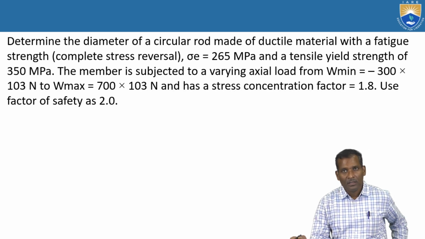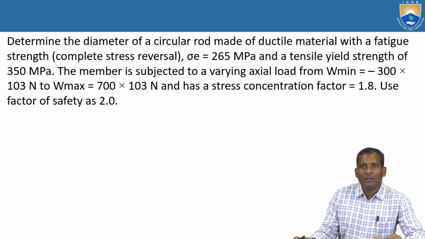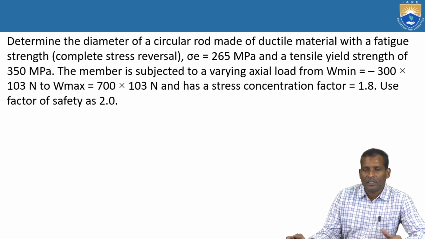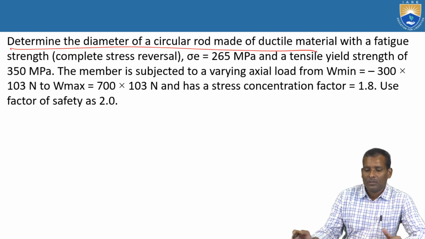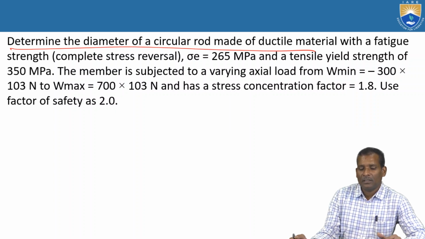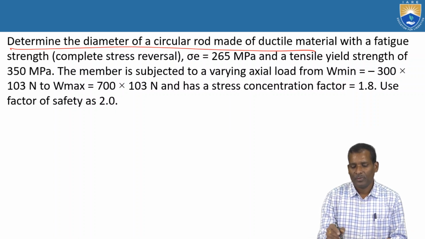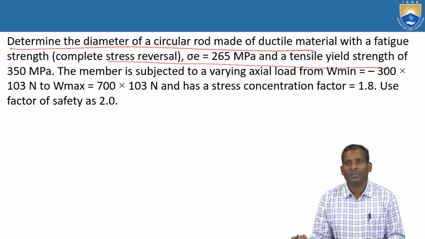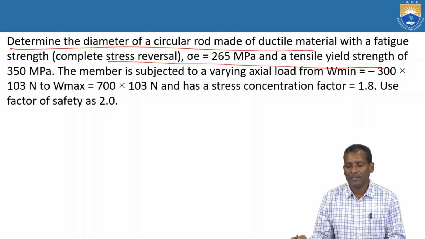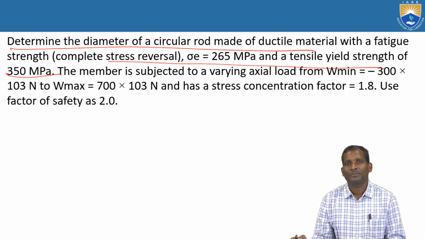In the previous case, it was a rectangular plate, but here the given cross section is circular, made of ductile material, with a fatigue strength under complete stress reversal, sigma e, of 265 megapascal and a tensile yield strength of 350 megapascal.